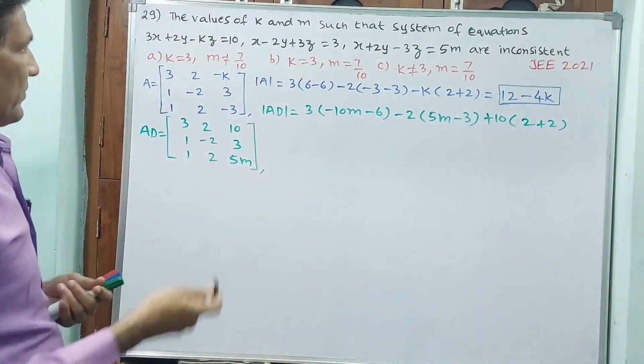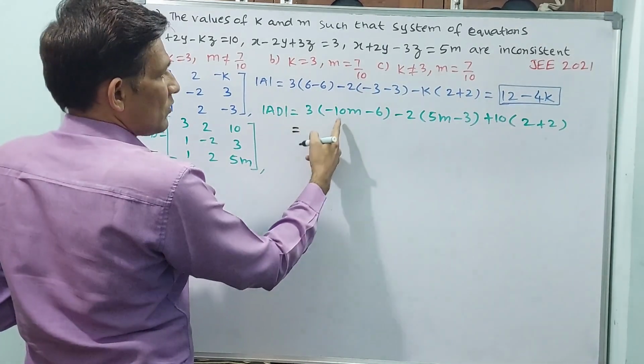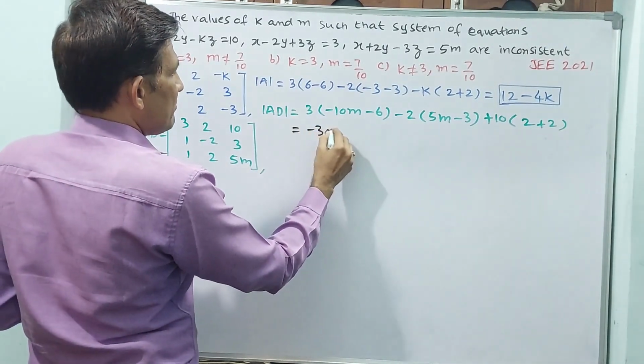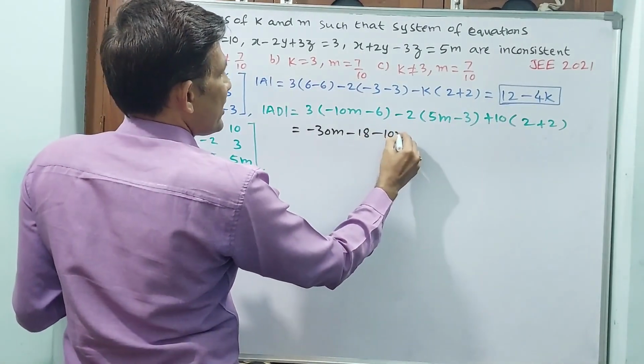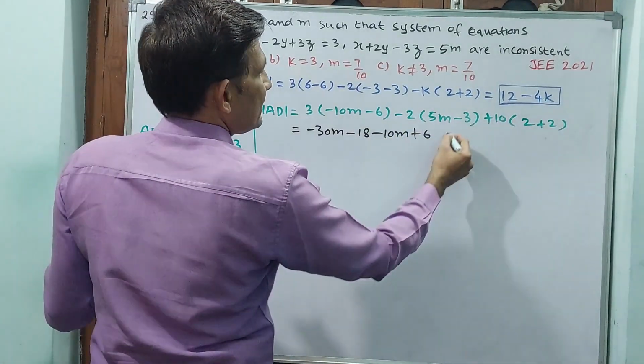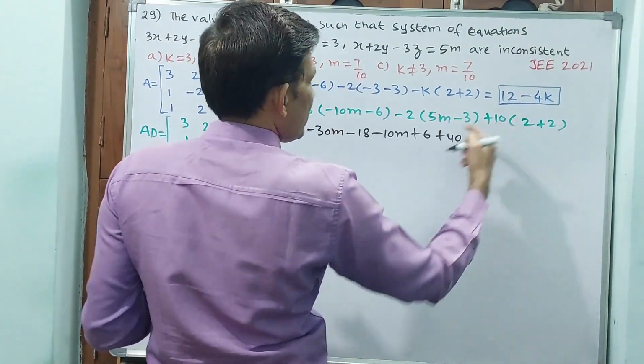Now, minus 30m, minus 18, minus 10m, plus 6, plus 40. 4 into 10.